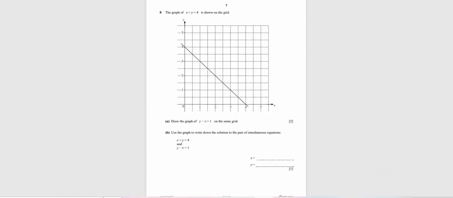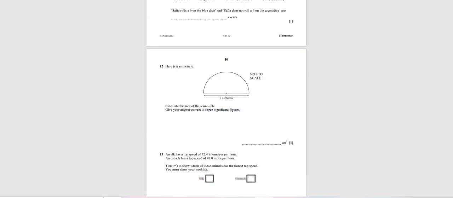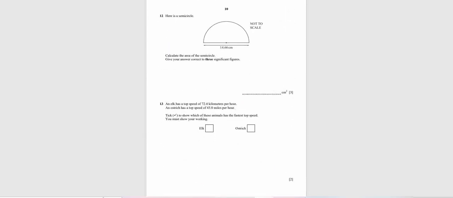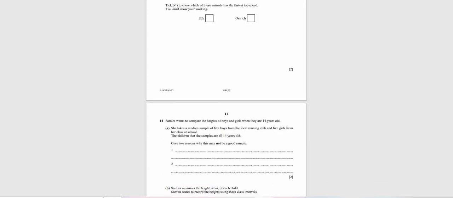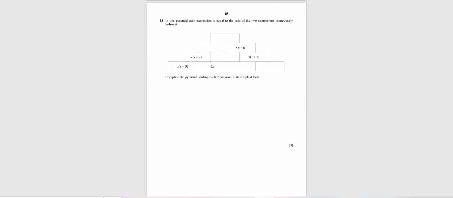Here we go, page 7 and page 8, and we move on to page 9 and page 10. You may pause this video and take a screenshot, and this is page 11 and page 12, and we move on to page 13 and page 14. This is the last page, and that's it for this paper.